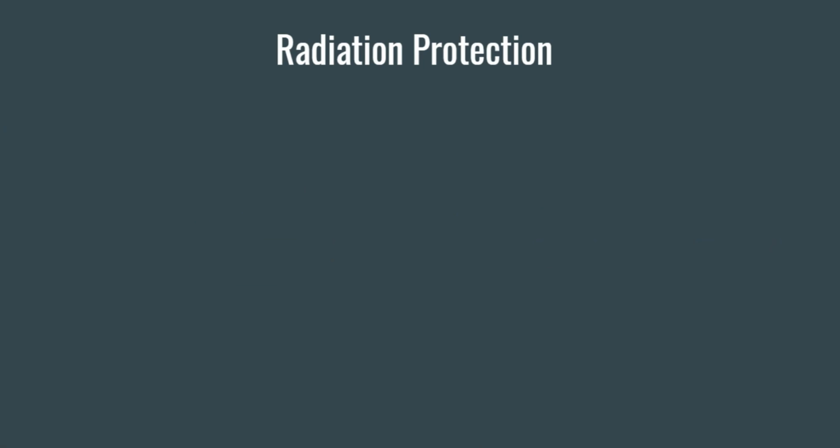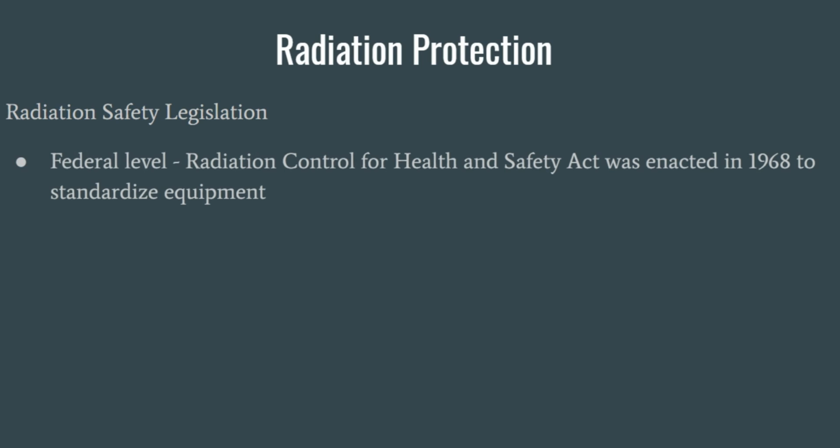In order to establish some guidelines to help keep patients safe, there has been some radiation safety legislation. The first one of note is at the federal level, and it is the Radiation Control for Health and Safety Act, enacted in 1968 to standardize equipment.